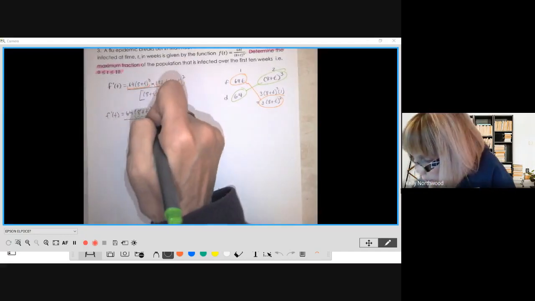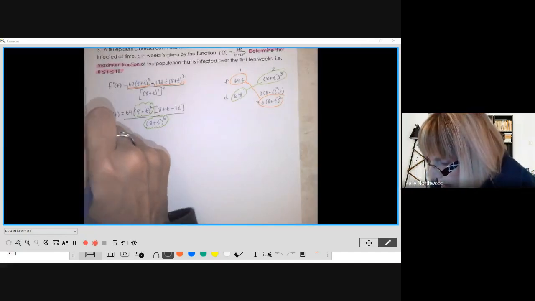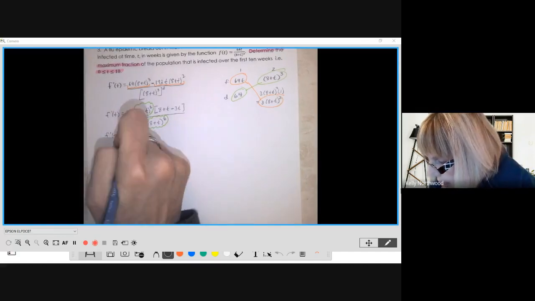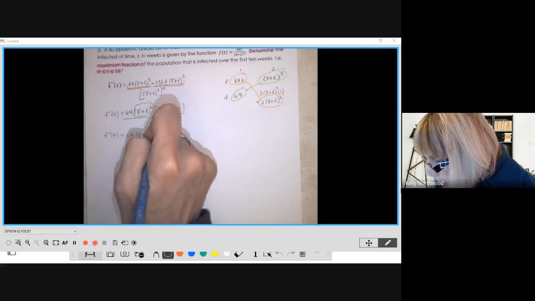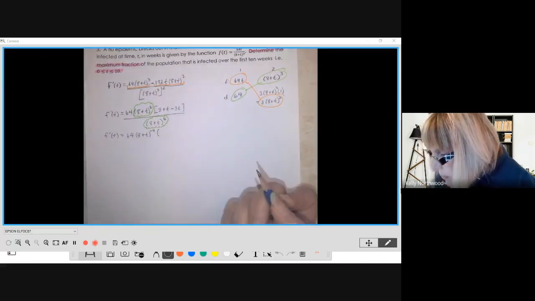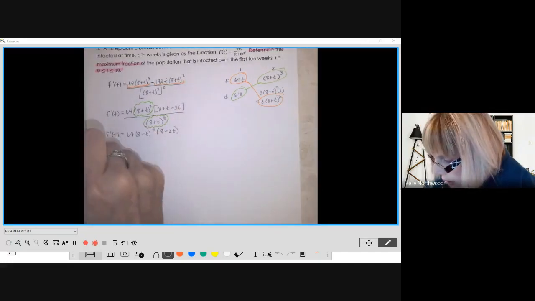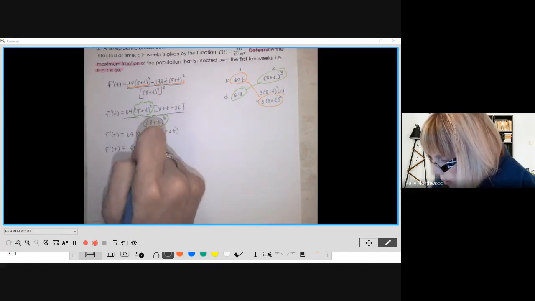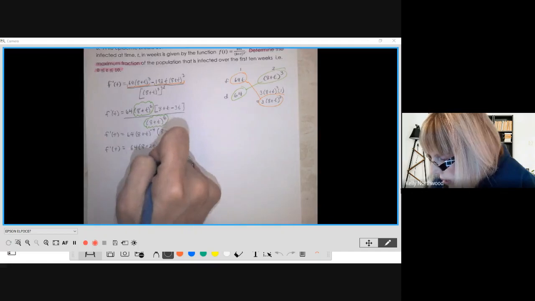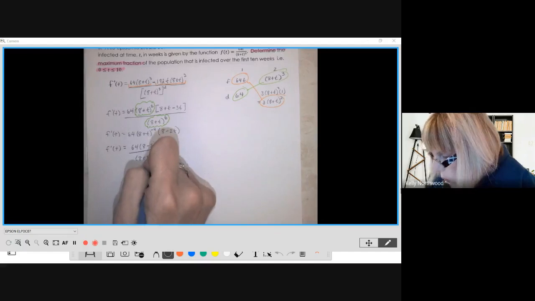And then we've got powers with the same base in the numerator and denominator. So f prime at t is 64 times 8 plus t to the negative 4 times 8 minus 2t, which I can rewrite as 64 times 8 minus 2t over 8 plus t to the 4th.